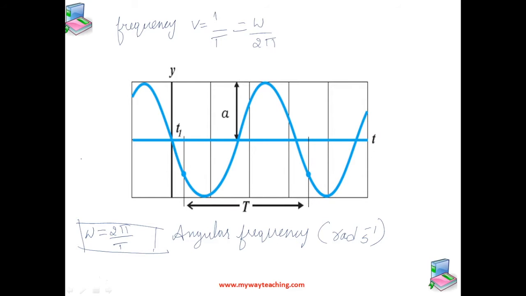So that equation 1 of the displacement function, for the longitudinal wave we can write it as s of x comma t is equal to a sine (kx minus wt plus pi).